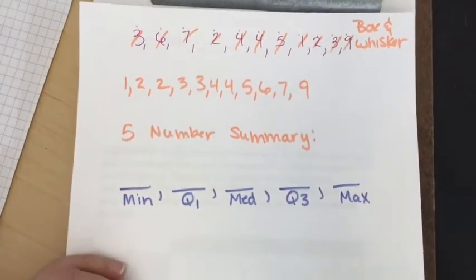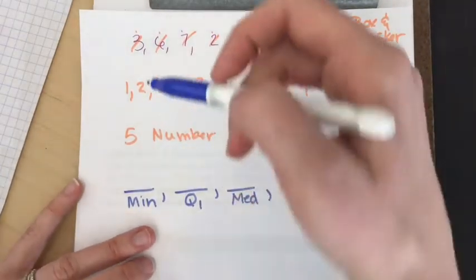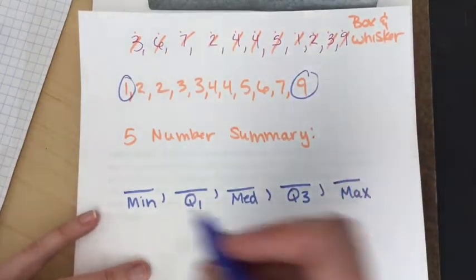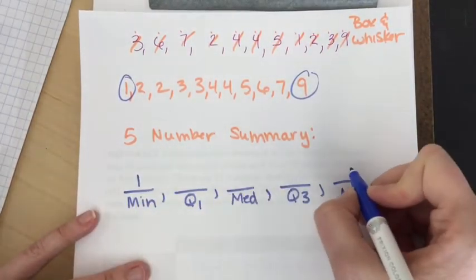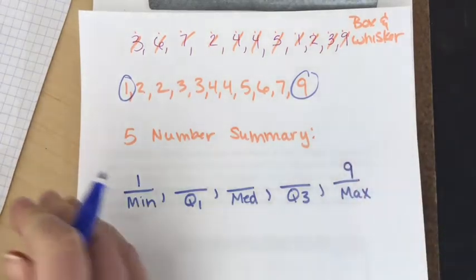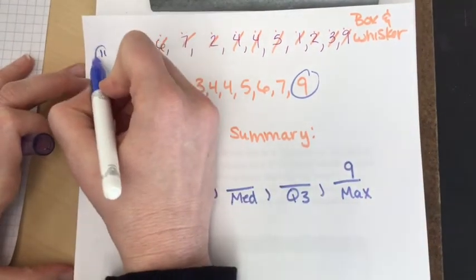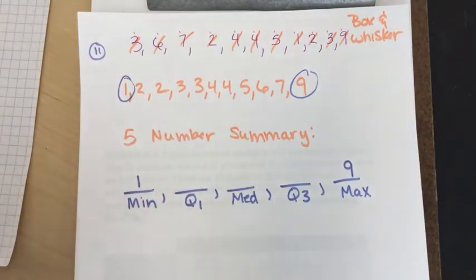So once these numbers are in order from least to greatest, it's very easy to identify our minimum and our maximum. In this case, our minimum is 1 and our maximum is 9. The next thing that we're going to do, we already said that there were 11 data points, is find the first half of the data.